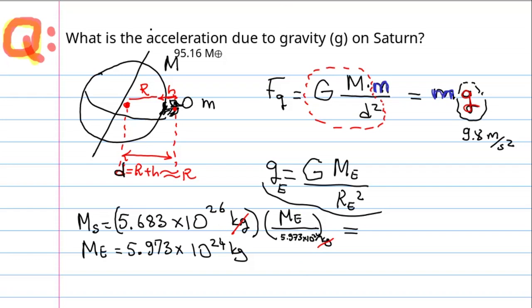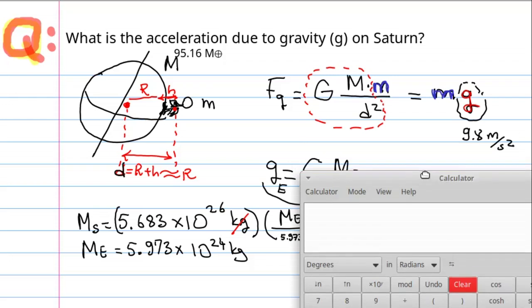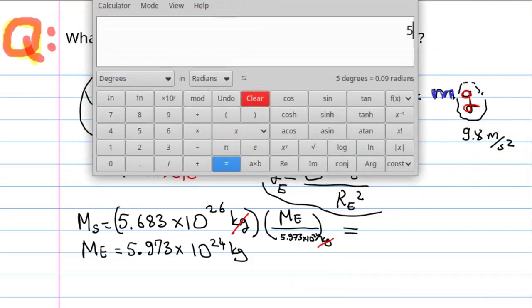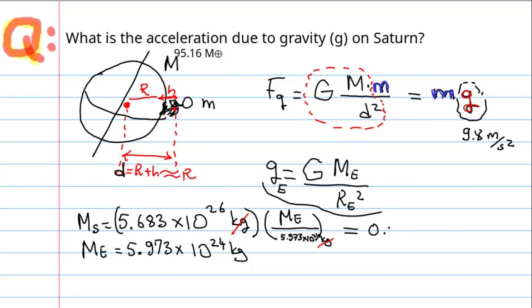So we need a calculator for that. Let's grab a calculator. 5.683 over 5.973 gives us 0.95. I'm going to use 4 significant figures, so 0.9514.